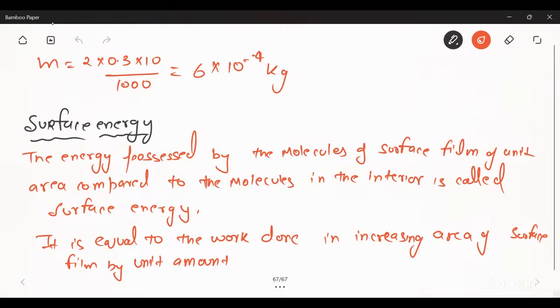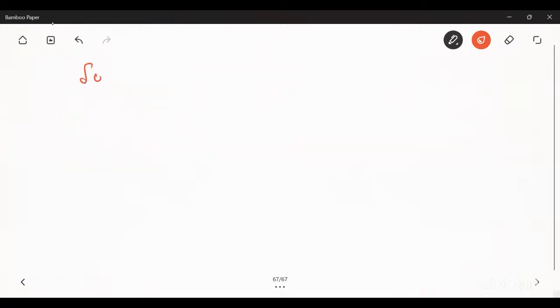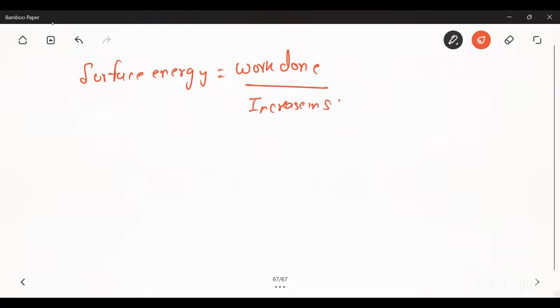So surface energy is equal to work done per unit increase in surface area. Work done is in joule and increase in surface area is in meter square, so the SI unit is joule per meter square.